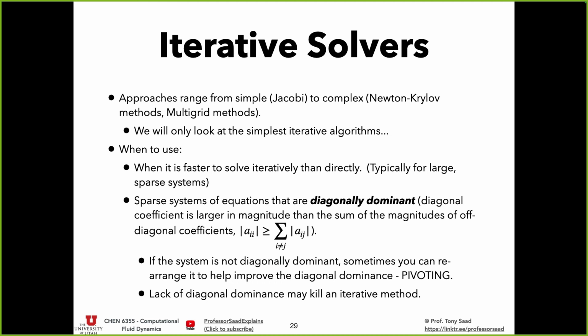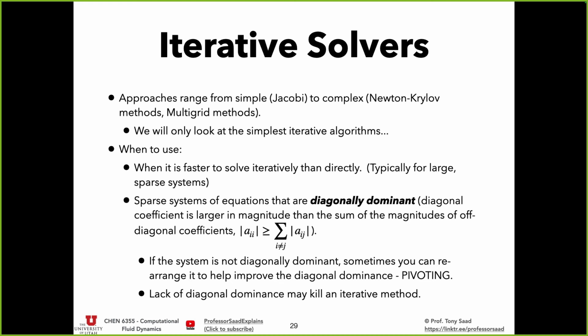The great thing about Jacobi, Gauss-Seidel, and SOR is that we have analytical solutions about the cost of the algorithm. So they are great examples to think about how iterative solvers work. We're going to use those to develop a theory of iterative methods, and we use them when it's faster to solve iteratively.